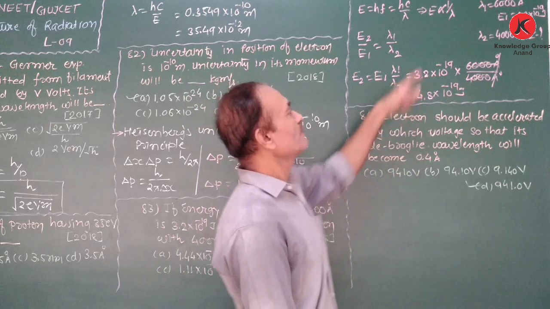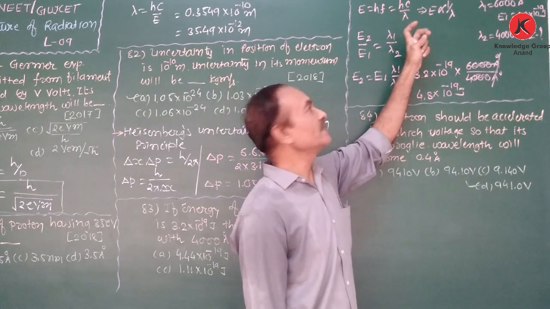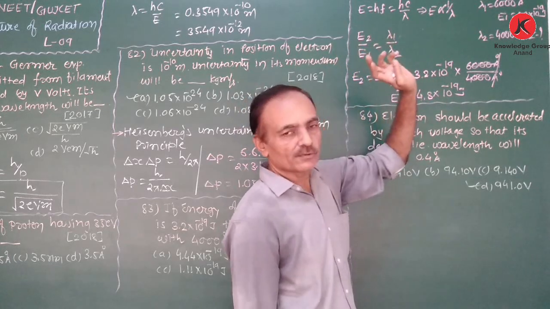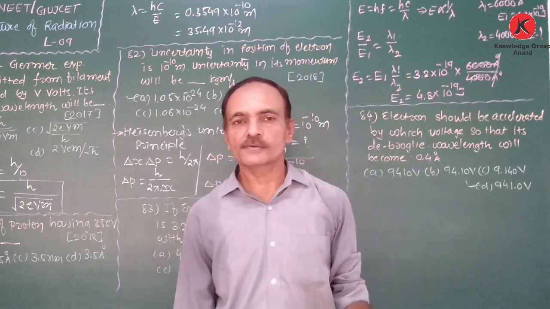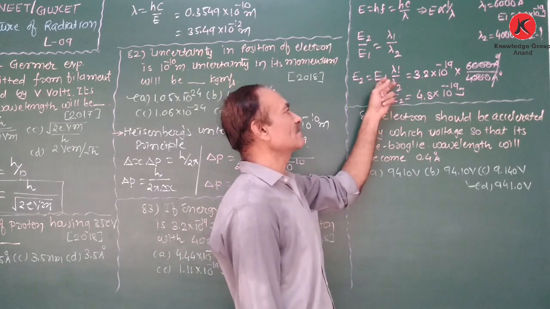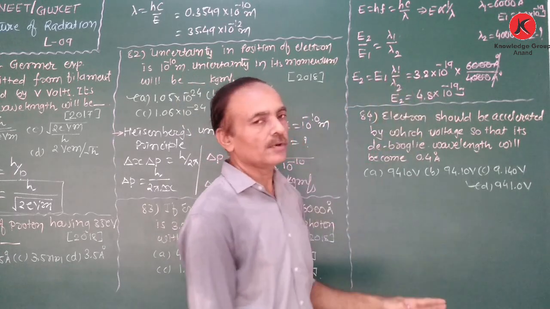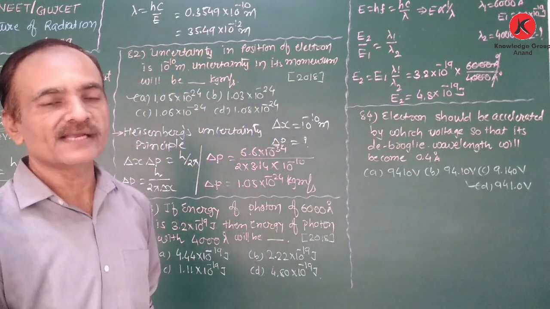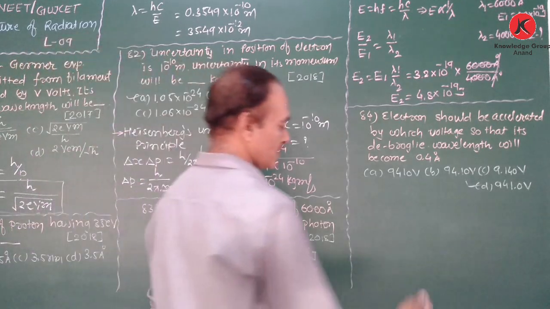Right? So from this equation, E2 proportional to 1 upon lambda 2, E1 proportional to 1 upon lambda 1. Taking the ratio of E2 to E1, therefore E2 upon E1 is equal to lambda 1 upon lambda 2. Therefore, E2 is equal to E1 into lambda 1 upon lambda 2. Substitute the value, we obtain the answer is 4.8 into 10 is to minus 19 joule. Clear? Okay.